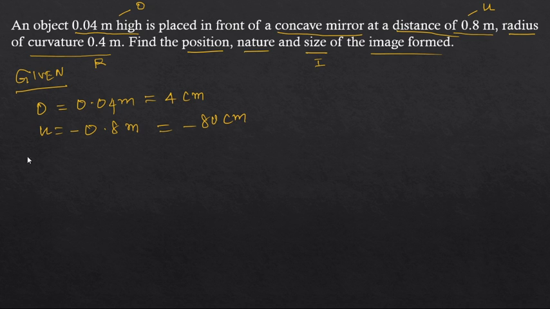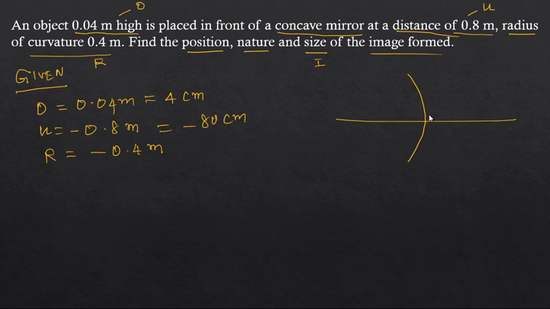Then what about radius of curvature? The radius of curvature is 0.4 meter. Since it is a concave mirror, you can have a reference diagram also, that will be always useful.